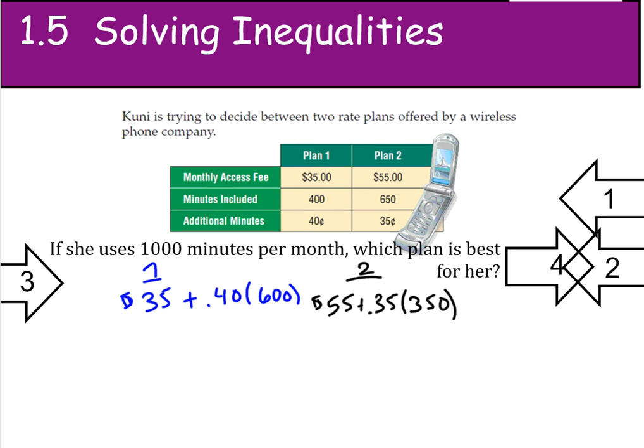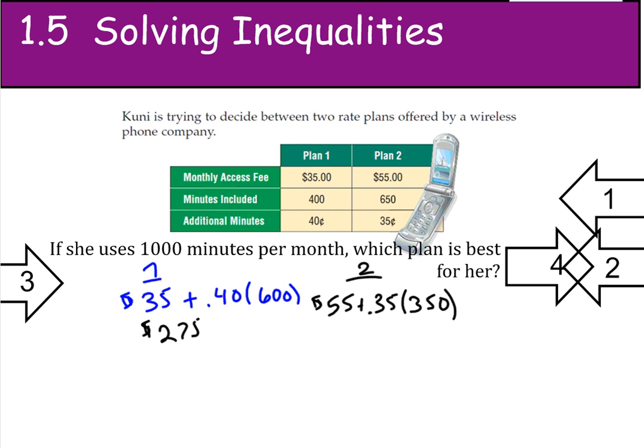So now a little math, a little calculator action, and let's see what we got. So 35 bucks plus 40 times 600, or 0.4 times 600 plus 35. This is going to cost you $275.